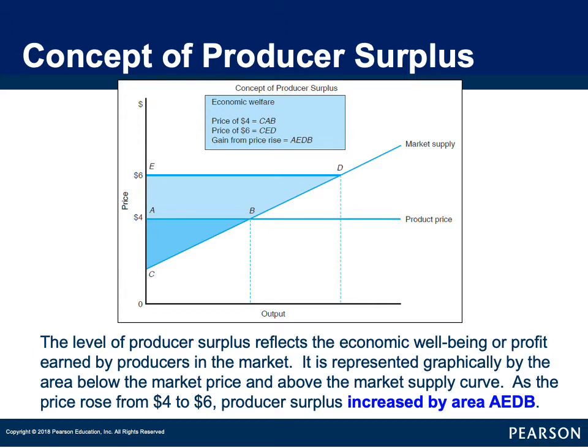When we look at the supply curve, at $4 a pound, there were areas that producers may have been willing to supply, but at that product price, the ABC triangle demonstrates the producer surplus. So as price goes up from $4 to $6, there is more and more producer surplus.